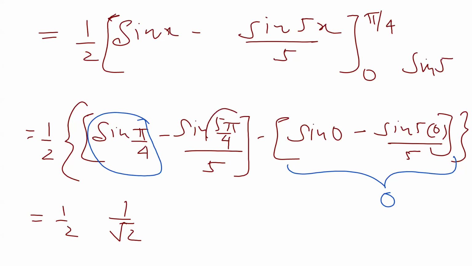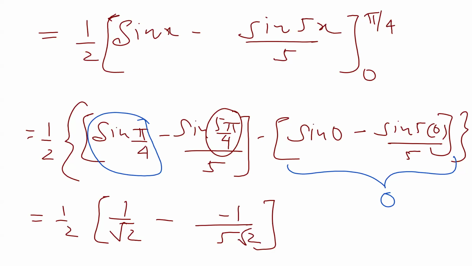What is 5 into 45? 225. So what is sin 225? Using a calculator, you are supposed to tell me. Minus 1 by root 2. Correct.